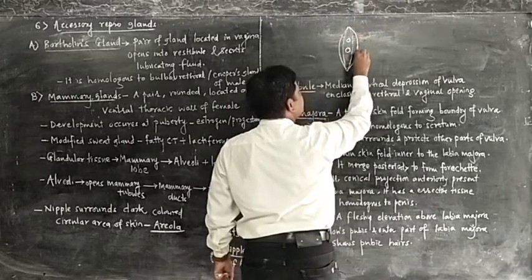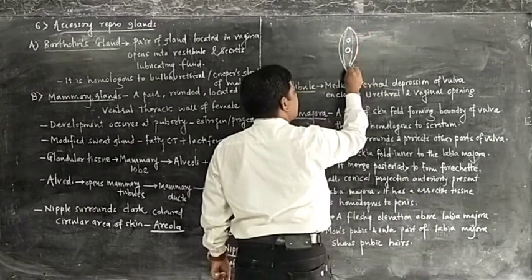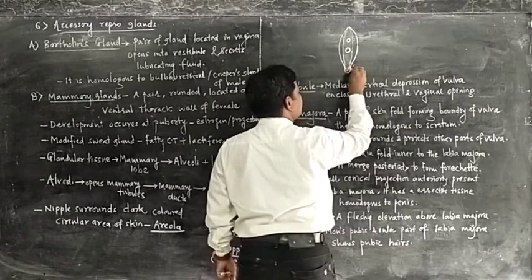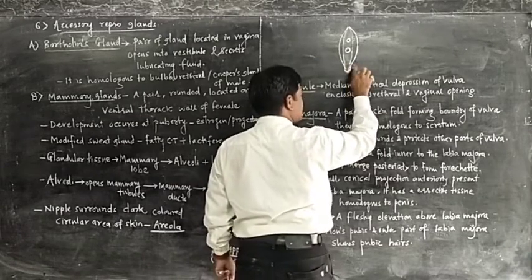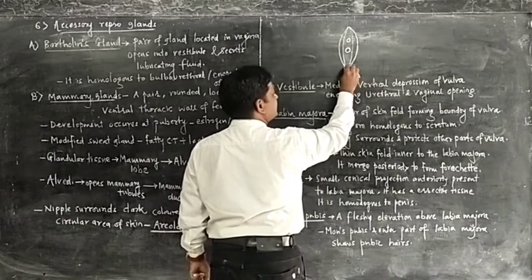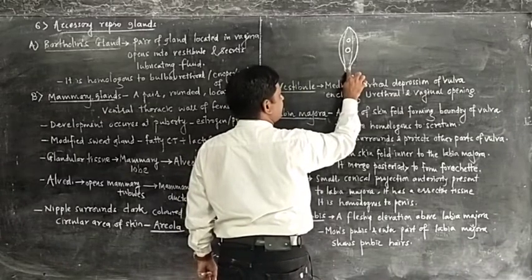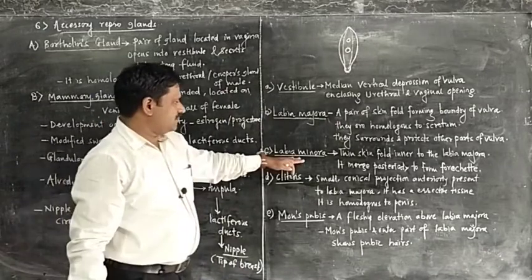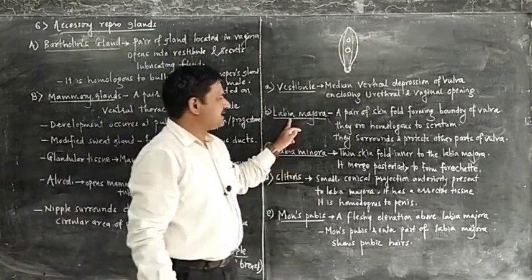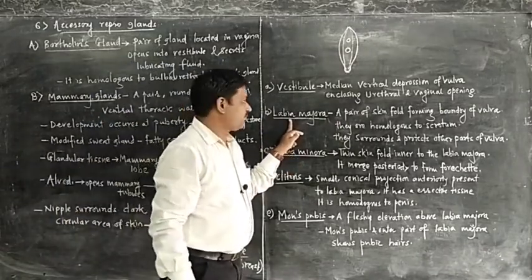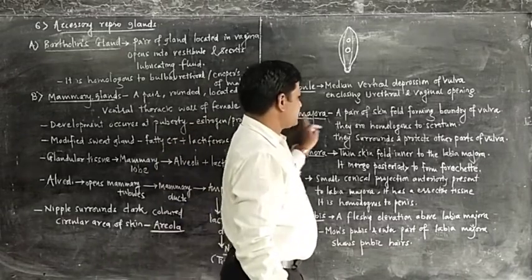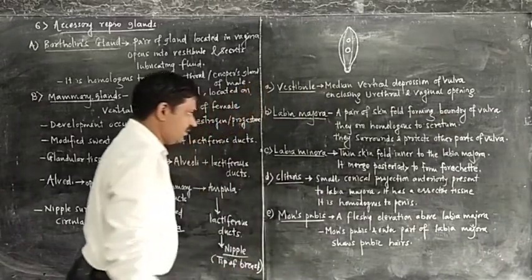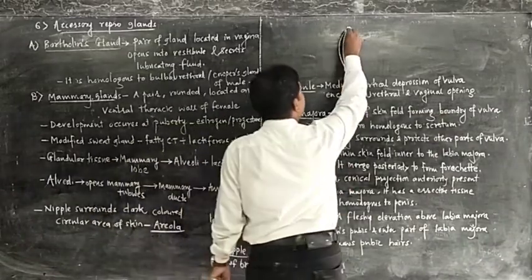Just below the labia minora, posteriorly, it forms a structure that is the fourchette. This is the fourchette. Just outside the labia minora there is a major fold. That major fold is a pair of skin folds forming the boundary of the vulva.